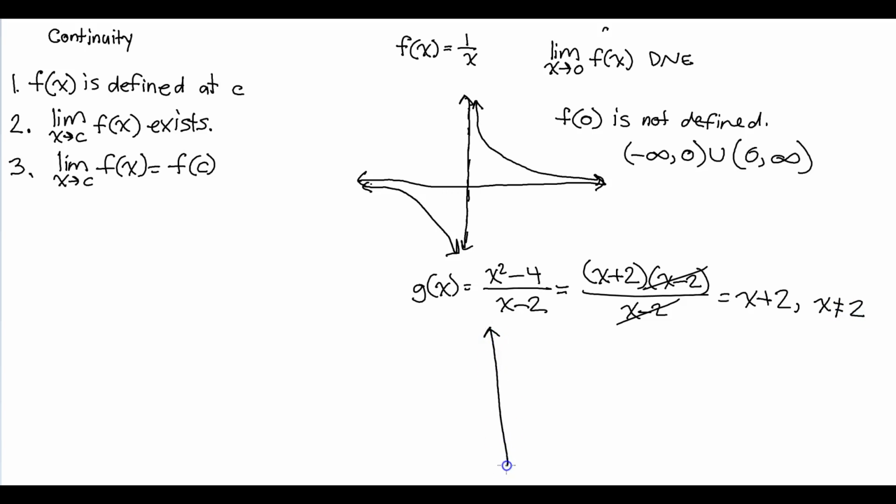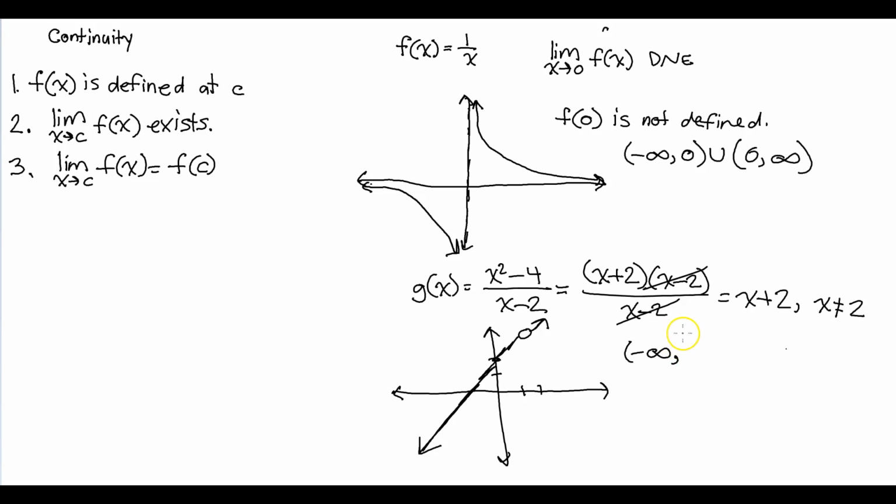So it would look like this, except with a little hole up here. Which means it's continuous from negative infinity to 2 because g of 2 is not defined.